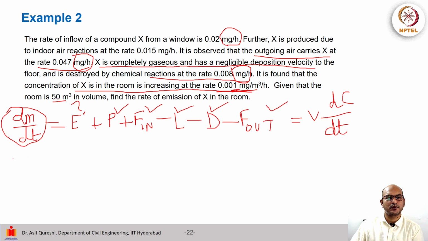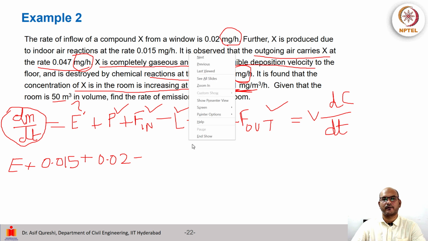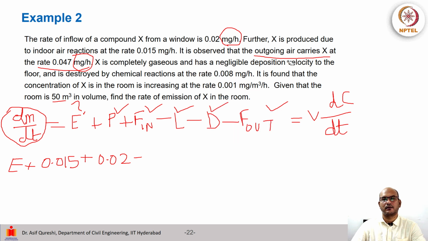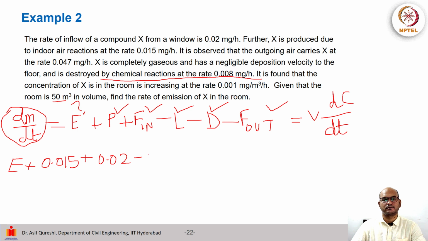I am going to enter all the values. So E actually is unknown. So E plus P. P is 0.015, plus F in, which is 0.02, minus loss is 0.008, minus deposition, which is negligible.